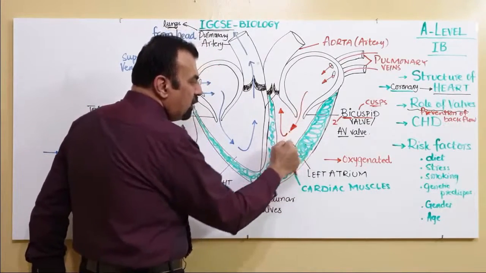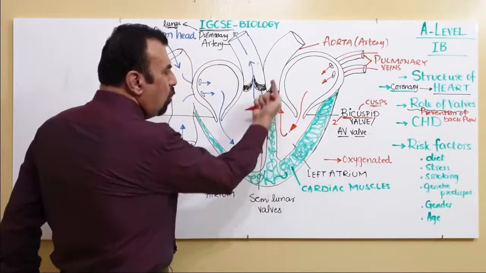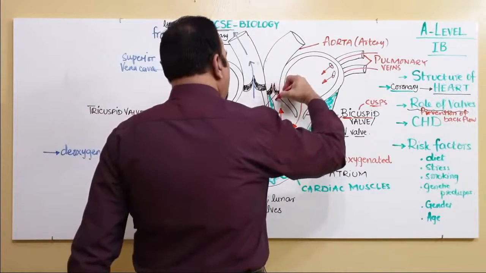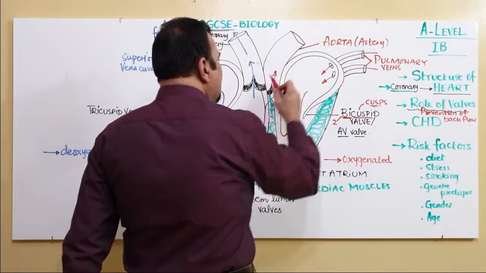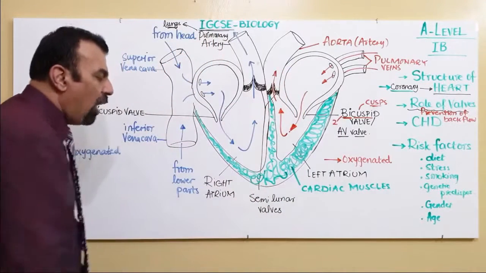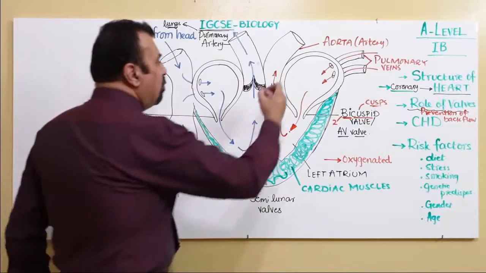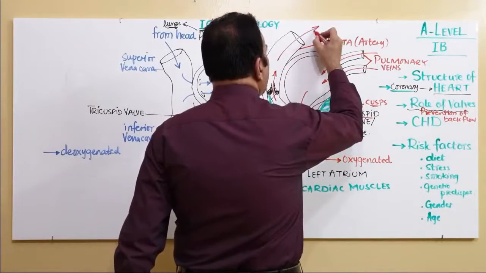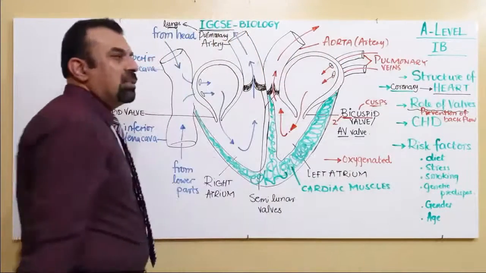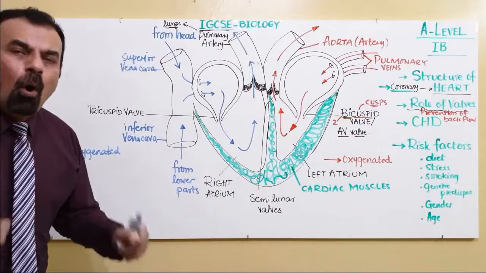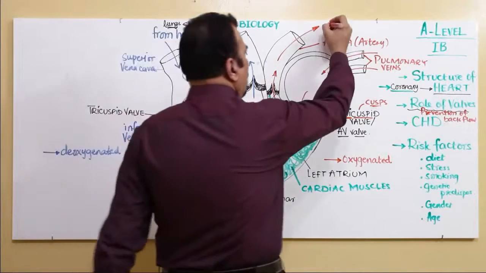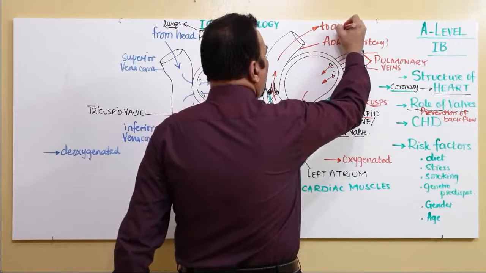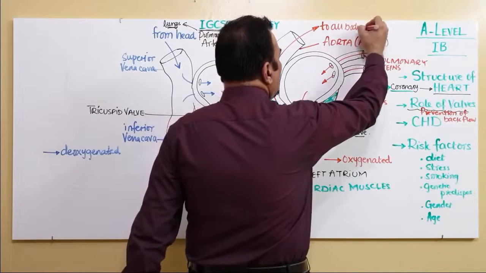We want the one-way traffic to continue. This semilunar valve is going to open, and then the blood is going to enter the aorta, and the aorta is going to supply all the body organs.